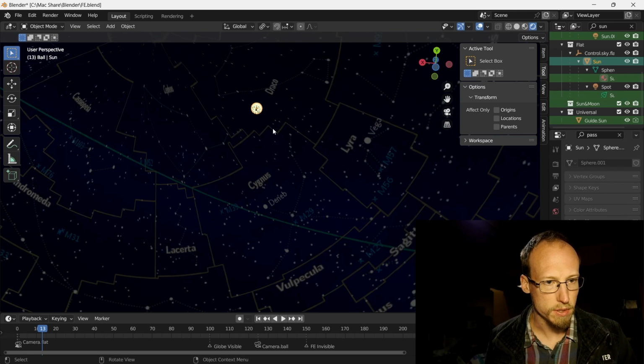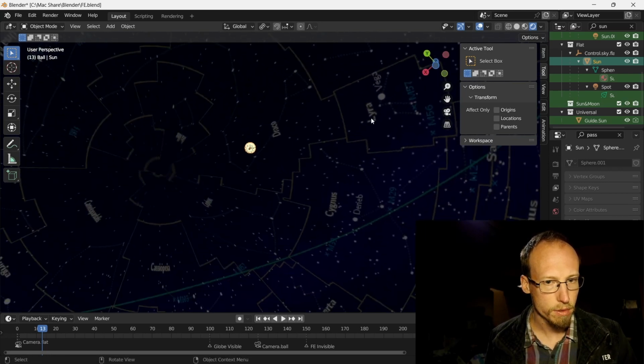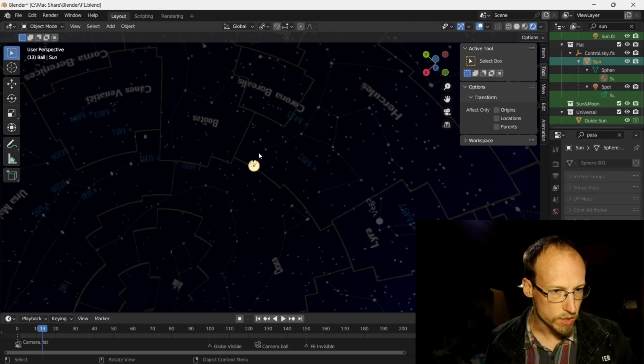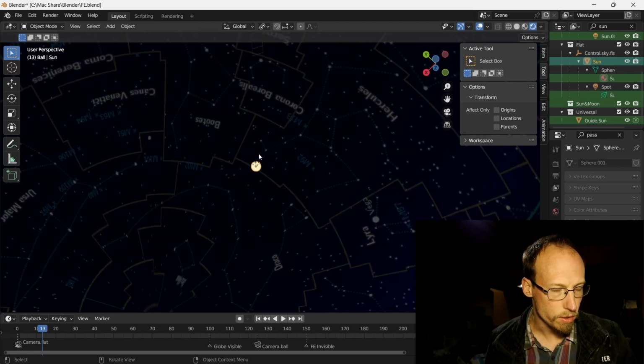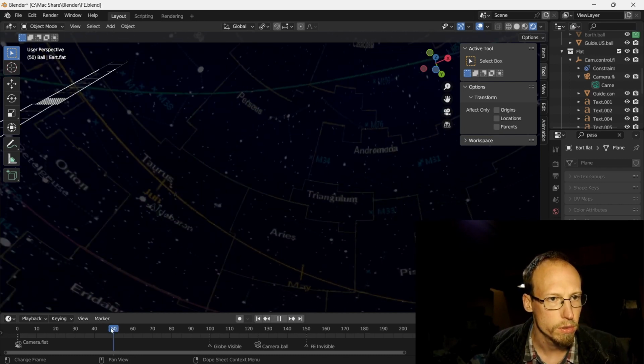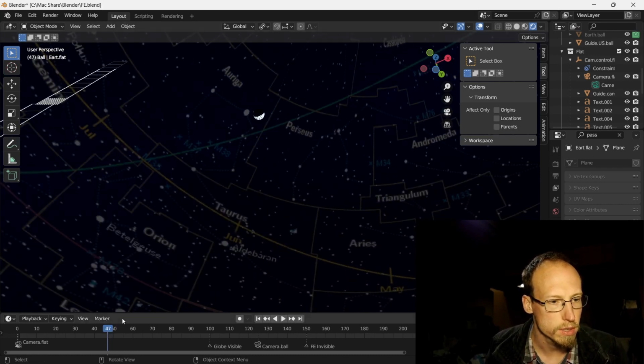What that means is, if you look directly up, this is what you would see from one place on the Earth. This is the moon. It doesn't matter, moon or sun. Let's just leave it at frame 47.